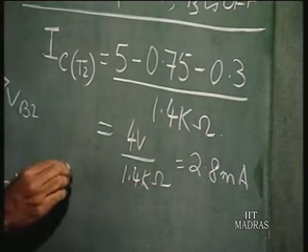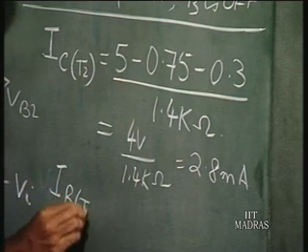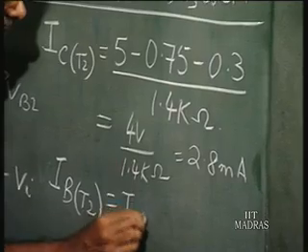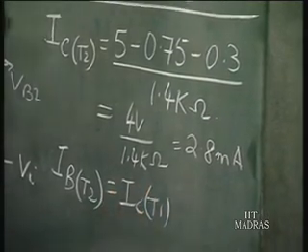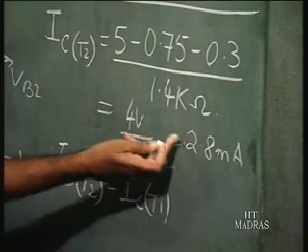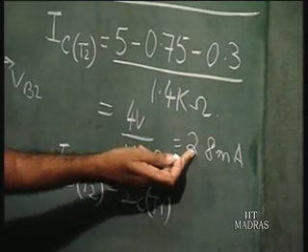So what is the base current of T2, which is actually equal to the collector current of T1? This is going to be this divided by beta.